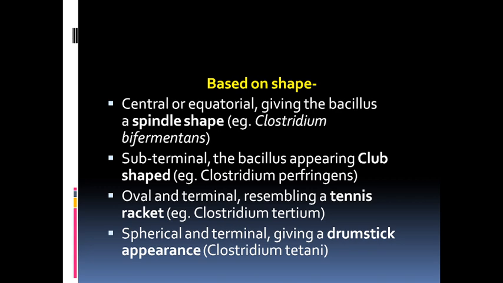Next is tennis racket shape, that is oval and terminal in position, example Clostridium tertium. Next, a drumstick appearance, spherical and terminal in shape, that is Clostridium tetani.